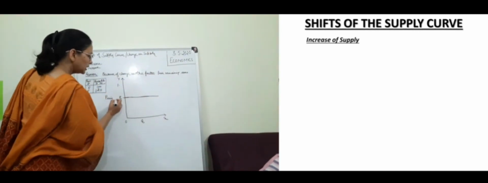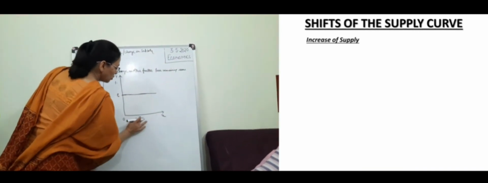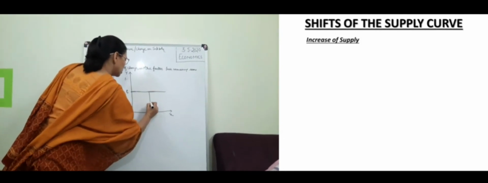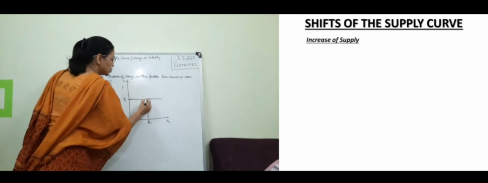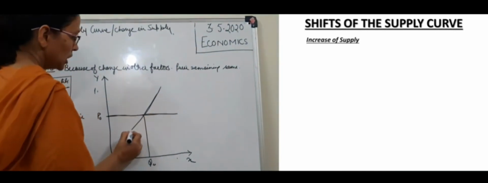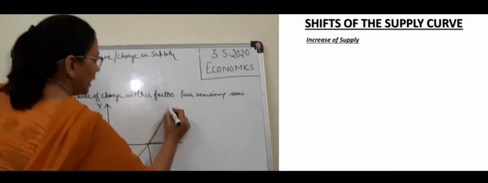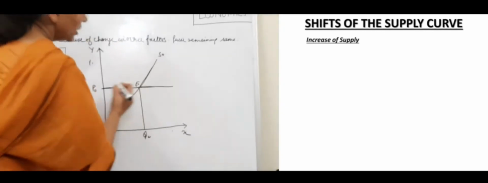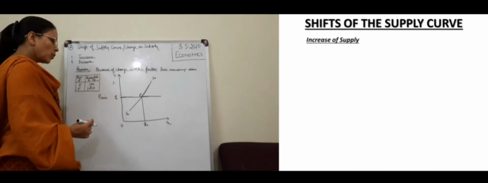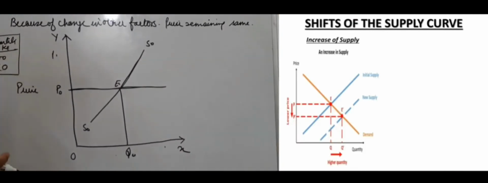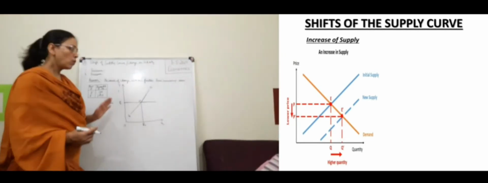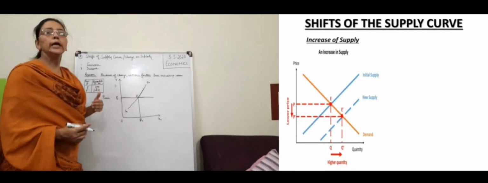Now, on this price P0, the quantity is Q0 suppose. And this is your supply curve S0 and this is point E0. Now suppose because of the reduction in cost of production, the quantity supplied by the producer increases.